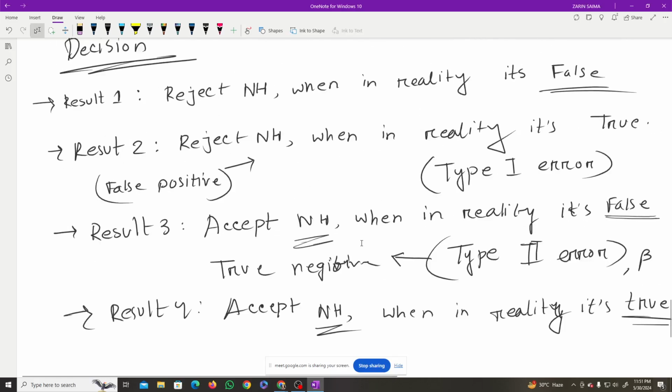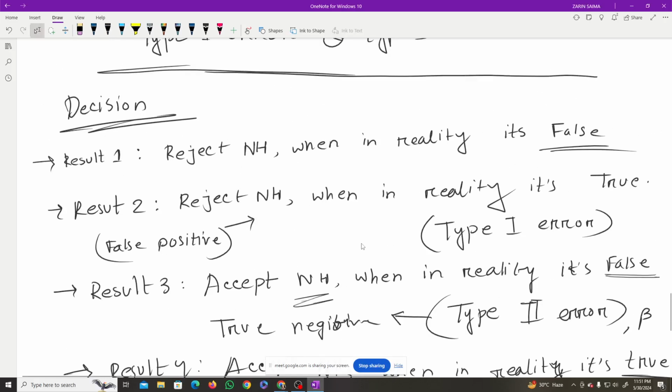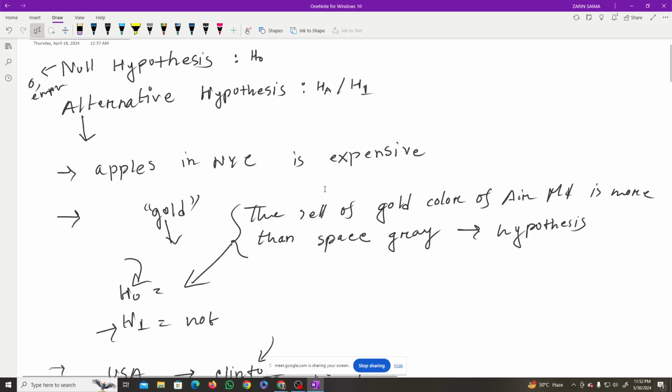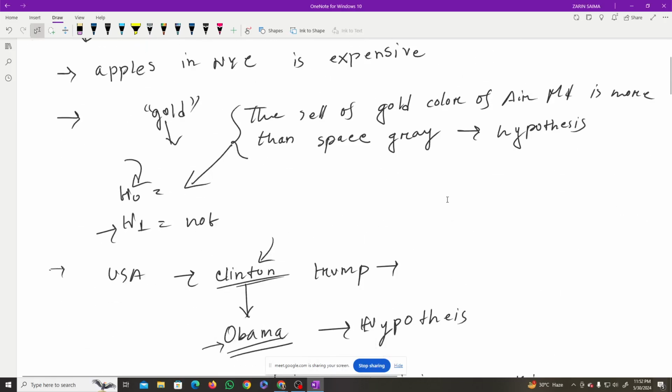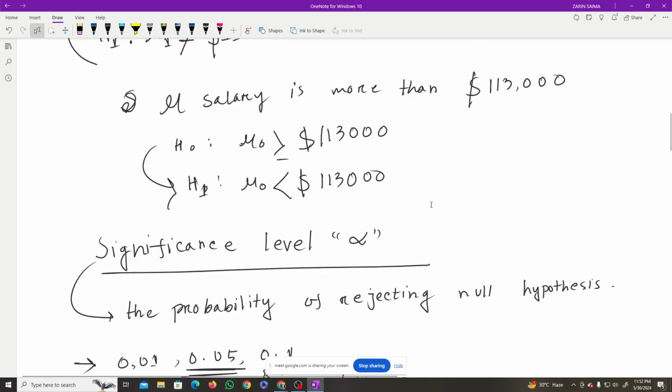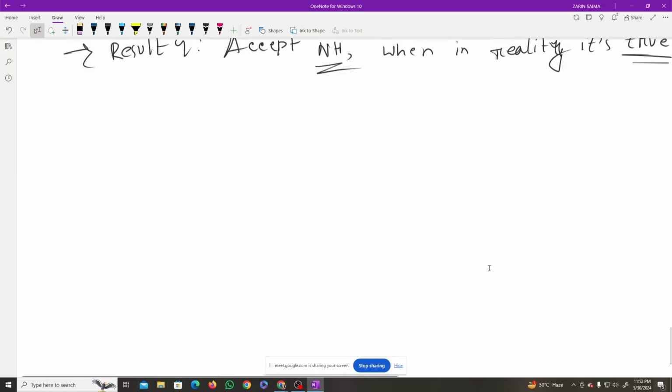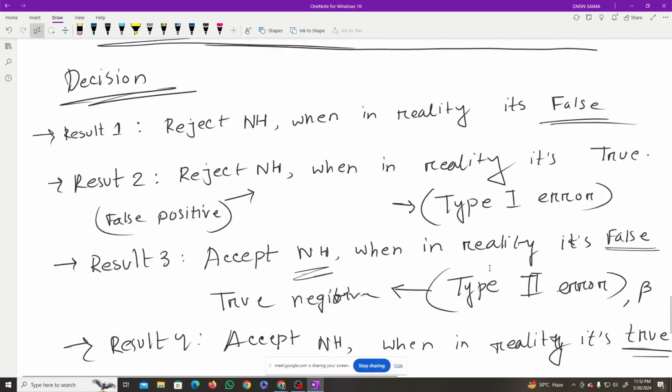And this type of error, which is a false positive or type 1 error, usually happens when you are putting the wrong significance value. We talked about the significance value, right? We have to use different significance values depending on the situation.